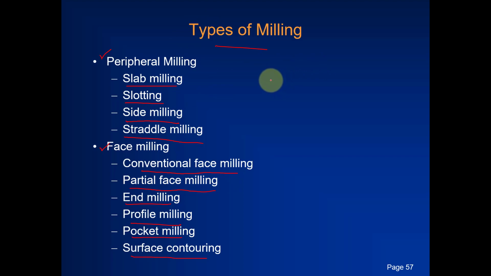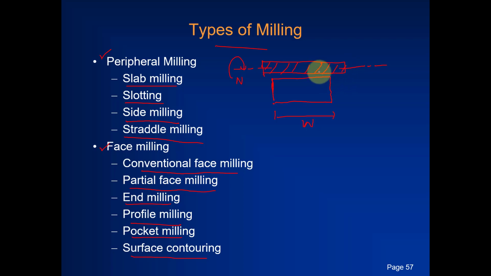Let's start with an example. Say this is the workpiece, and this is the width of the workpiece, and this is the milling cutter. Let's say this is the axis of the milling cutter, and it is rotating with rotational speed n.